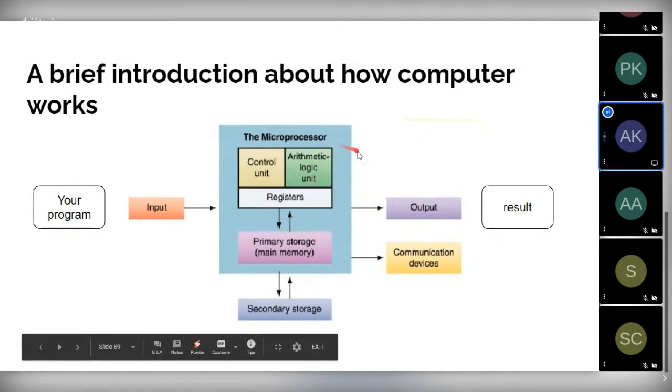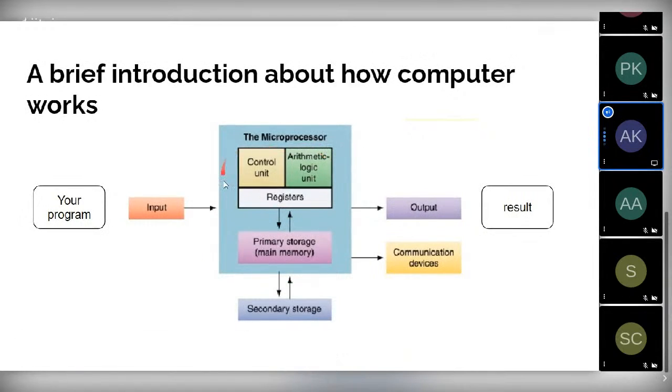Suppose your microprocessor is doing some work, so then it wants some information to be stored temporarily. Suppose you are simplifying 2 plus 2 divided by 2. There will be some intermediate result that should be stored.